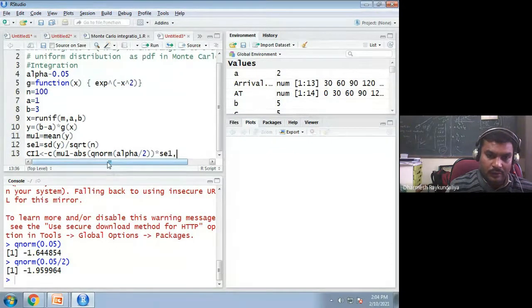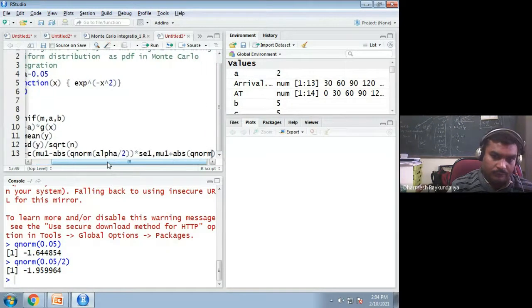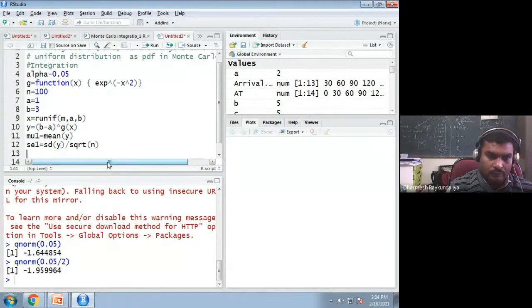Now you wish to assign the upper bound, then what is the upper bound? It is mu1 plus absolute value of qnorm. So I can also define here, if you don't want to do that, you can also write z alpha by 2 is equal to qnorm of alpha by 2, and I am trying to take the absolute value, so it is abs.